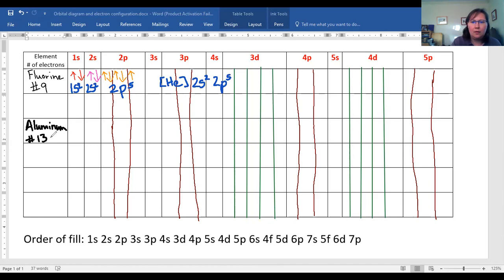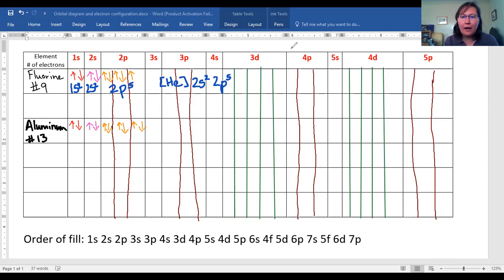So again, we're going to count 13. 1, 2, 3, 4, 5, 6, 7. Now you'll notice that I added all these up arrows first, and that's because we're not going to share a room if we don't have to. Okay, so that becomes 5, 6, 7, 8, 9, 10.